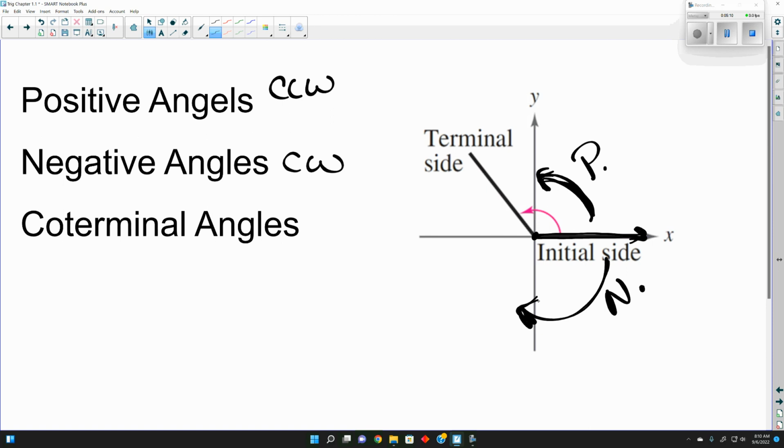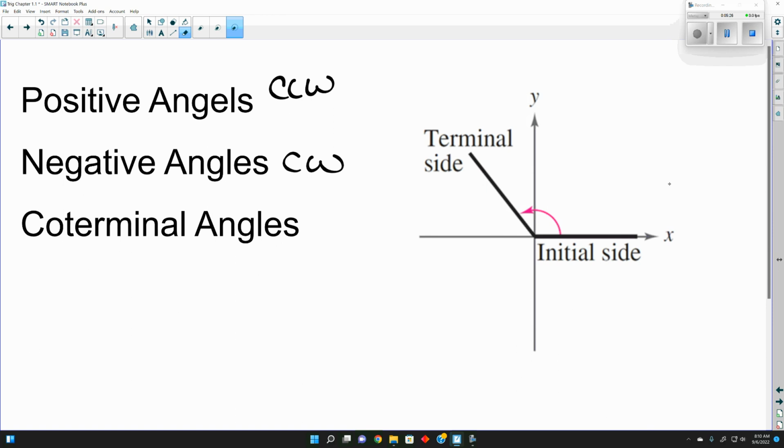Now, coterminal angles is not something that we've covered too much about. Coterminal angles are two angles that will get us to the same point, or same angle. Now for this here, we could say that this is 120 degrees. We're going 120 degrees counterclockwise. Well, what's an entire circle?